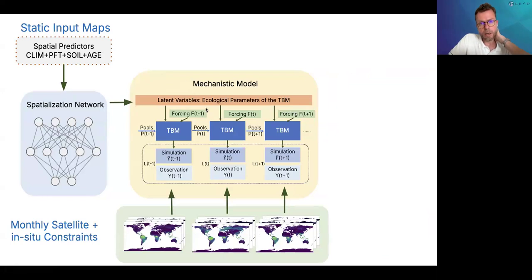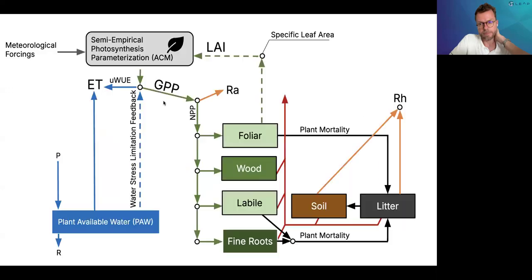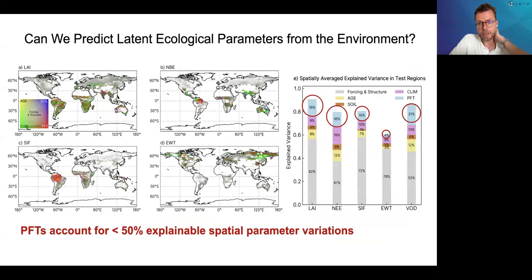We can look at how the different parameters that we have here depend on the different factors or the different features, climate, plant functional type, soil type, and age, and how they are explaining the latent variables that we have here. And what we can find once we do that is we can basically try to uncover this black box or the structure that we have.